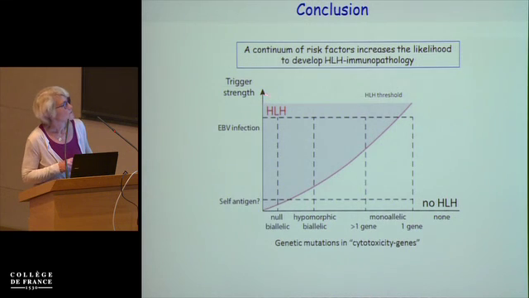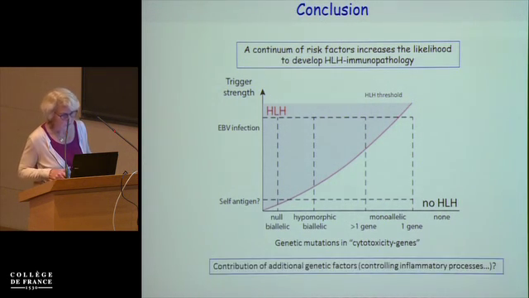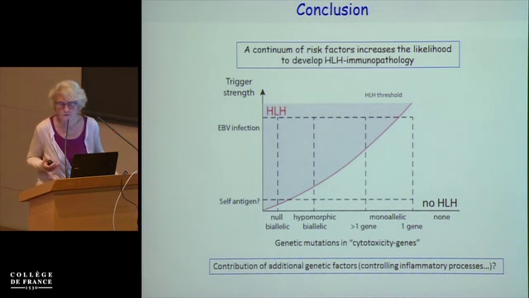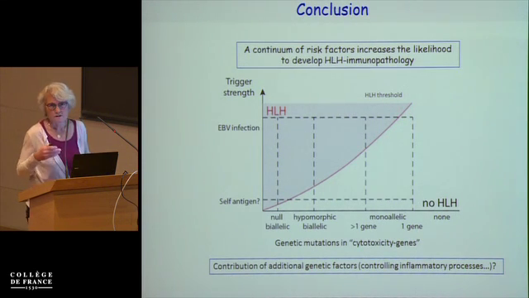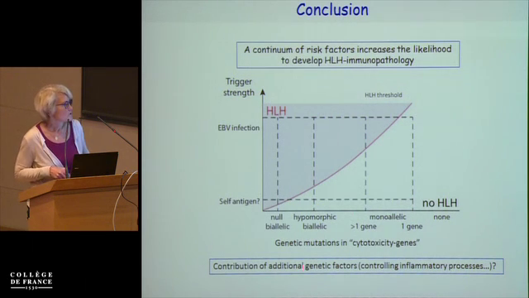And we cannot exclude that with an extreme stimulus, even monoallelic mutation or even any individual will be able to develop such immune disturbance, but this is only a hypothesis. And this overall risk is probably increased by the addition of other genetic factors which tend to promote excessive immune response, and among them, genetic factors controlling inflammatory process can probably contribute.